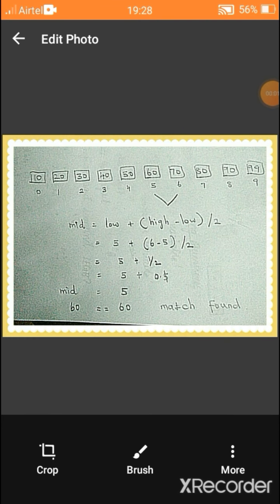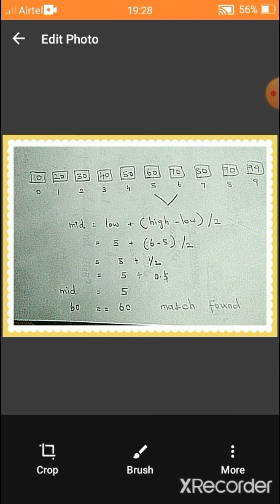This is the continuation of the working principle of binary search. In the previous example, our middle value is 7. In the middle index 7, we have the value 80. So 60, our target value, is less than 80. So we have to go to the left side of 80.